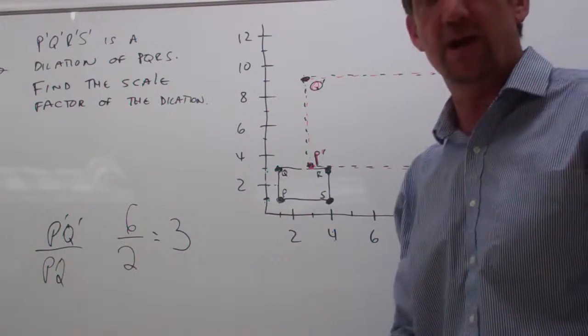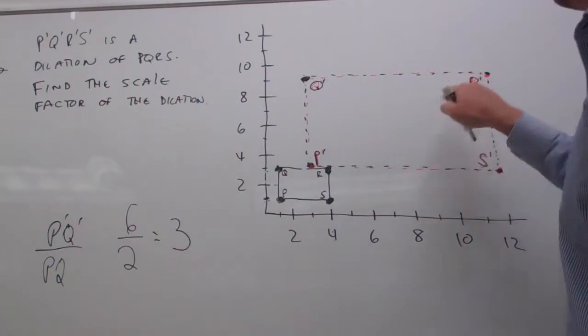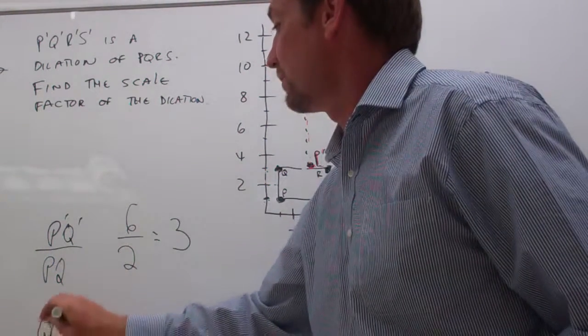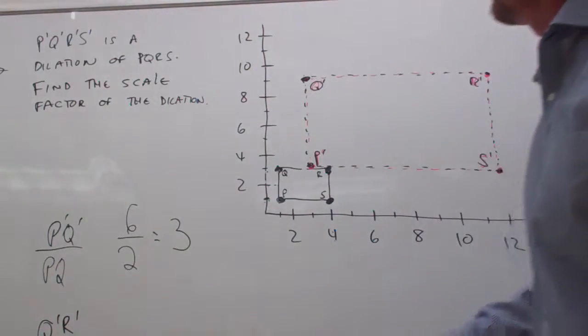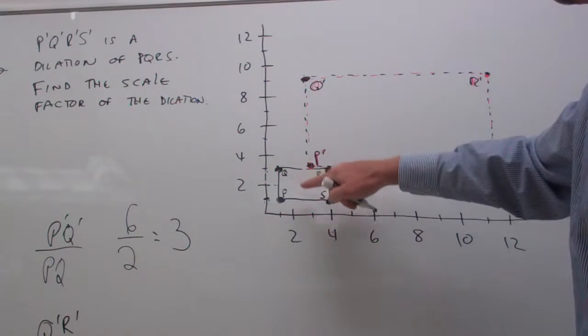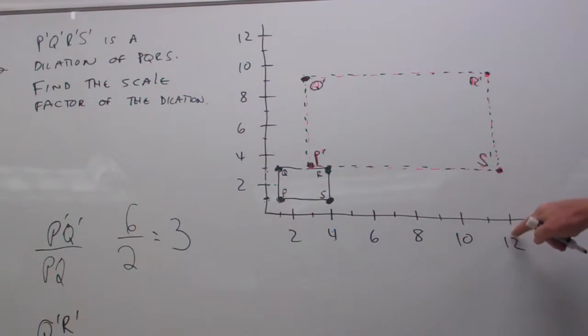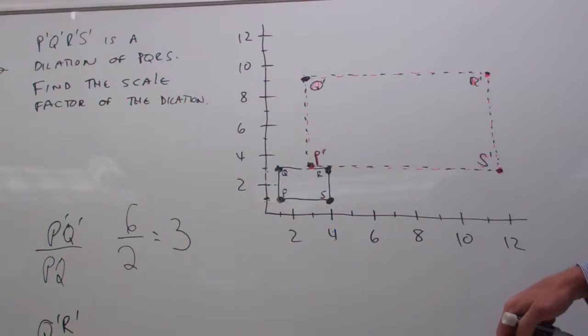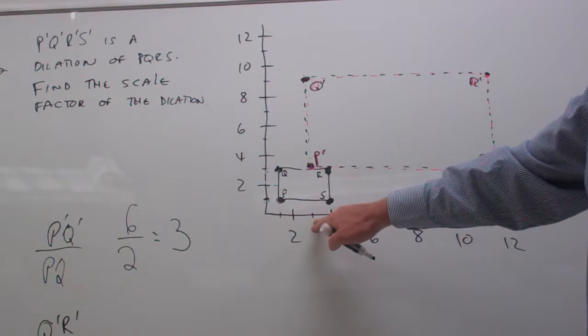Now you can compare and use a couple other points. Let's go with Q prime and R prime over line QR. Once again, if you take a look, you notice that here we have an x-coordinate of 3 and here we have an x-coordinate of 12. Let me make sure I got that right. I'm sorry, that's not 2, that's 3, right?